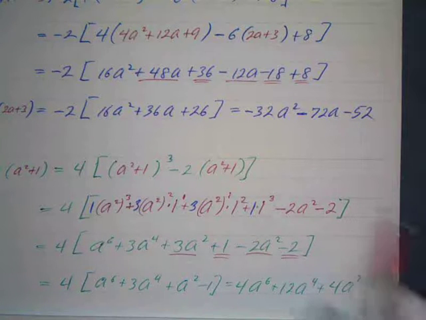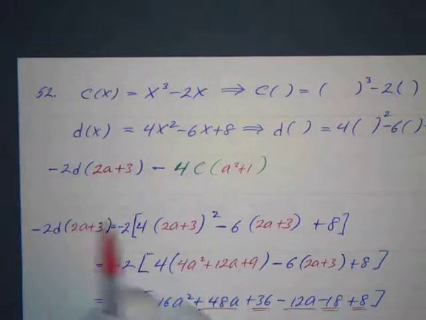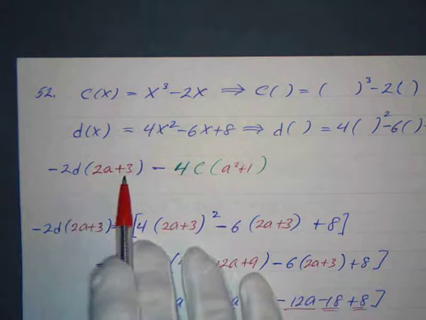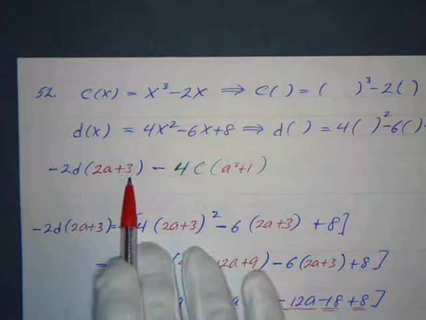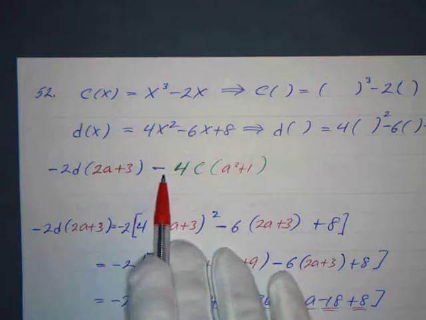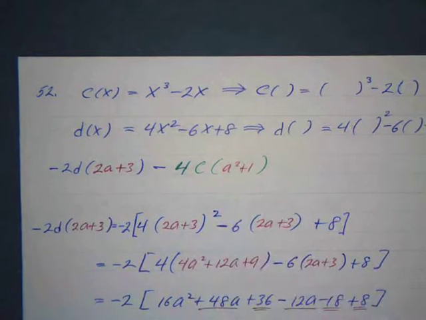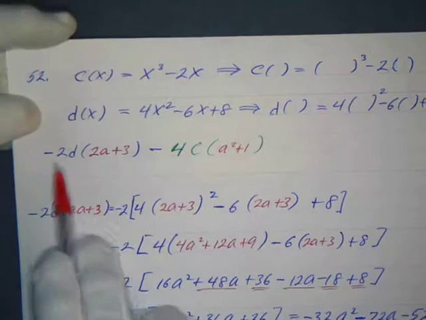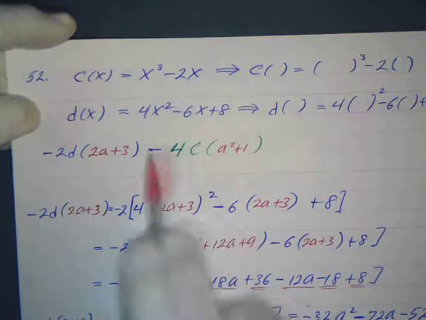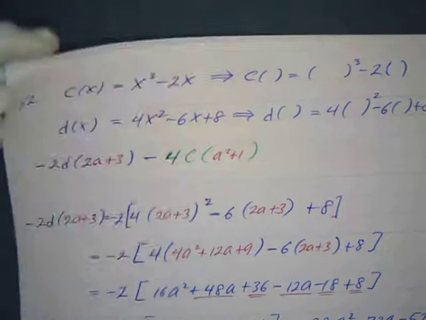So that's the other part. So now we've got our original problem: 2 times d of 2a minus 2 times d of 2a plus 3 minus 4 times c of a squared plus 1. We've already figured out this and this, so we just have to subtract them.